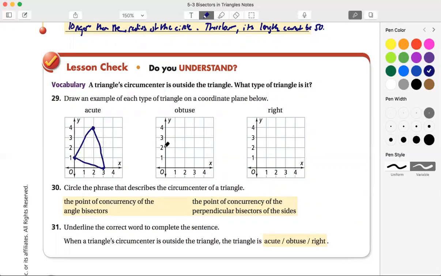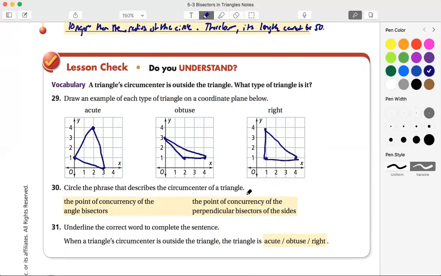Now let's draw an obtuse triangle. Let's use the points 2, 1, 4, 1, and 0, 3. And let's draw a right triangle. Let's use the points 1, 1, 4, 1, and 1, 4.